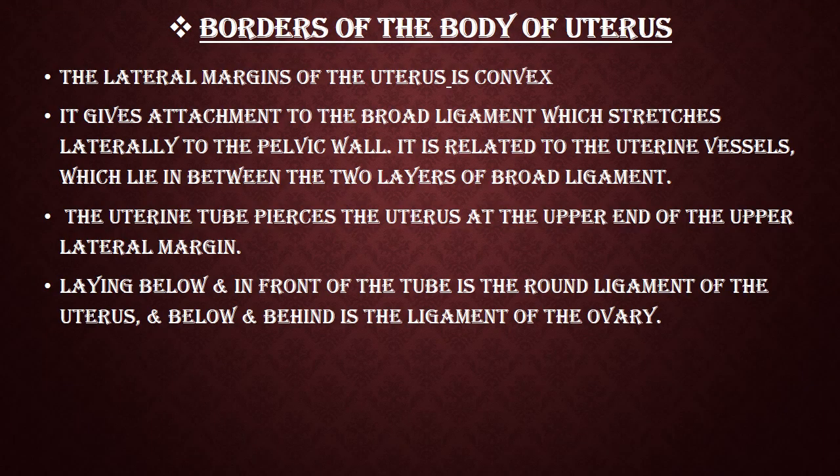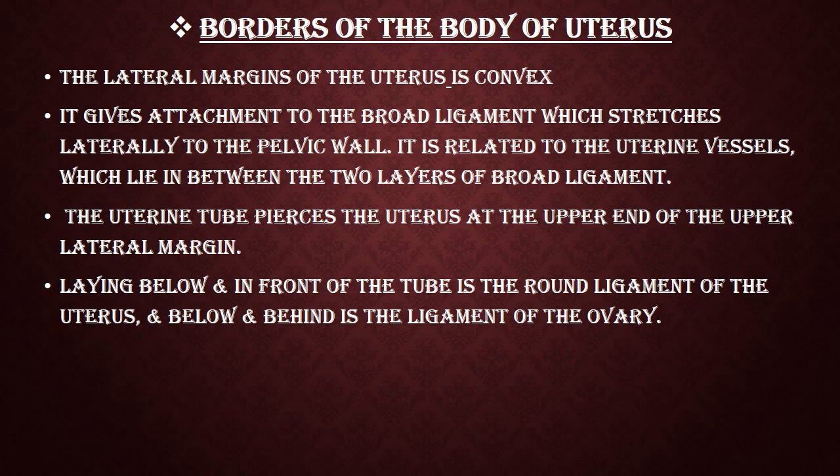Next are the margins or borders of the body of the uterus. The lateral margin of the uterus is convex and gives attachment to the broad ligament, which stretches laterally to the pelvic wall.